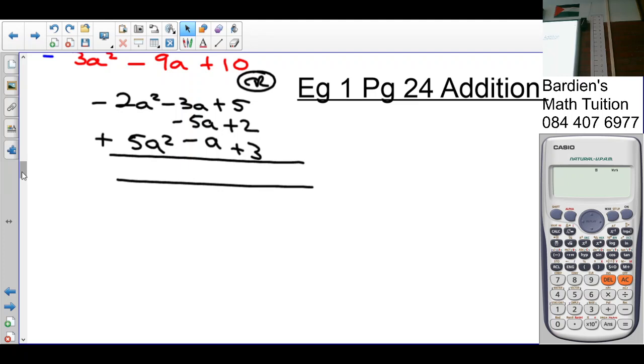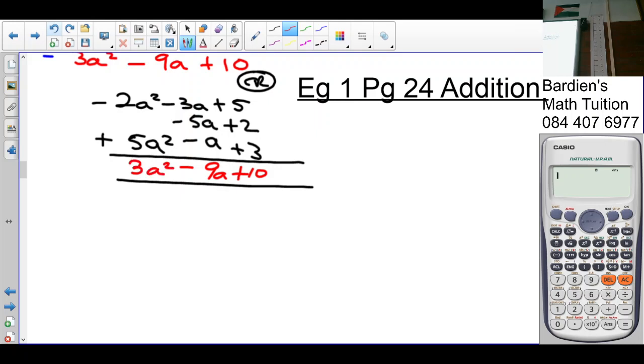So, what's 5 plus 2? 7 plus 3? 10. Now normally we go and we carry the 1 and all that. Not so. We're not going to carry nothing. Why? Because they are unlike terms. Right. So what's negative 3a minus 5a? Negative 8a. Now, negative 8a minus 1a is negative 9a. What is negative 2a squared plus 5a squared?